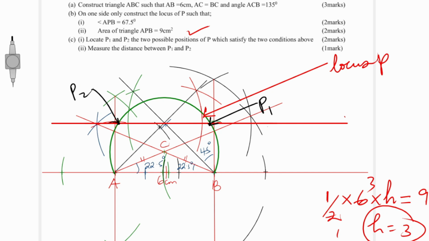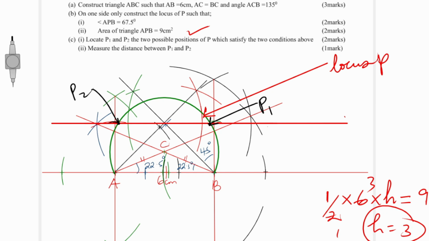Now any triangle that you make from A to P1 to B, and from A to P2 to B, that triangle will have an area of 9 square centimeters, since we have calculated the height to be 3 centimeters. So we have located P1 and P2.